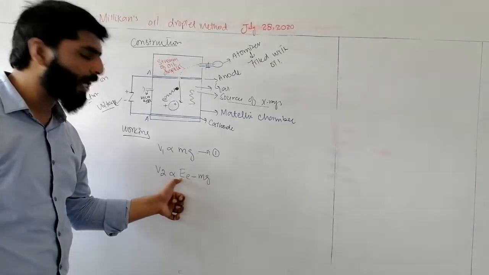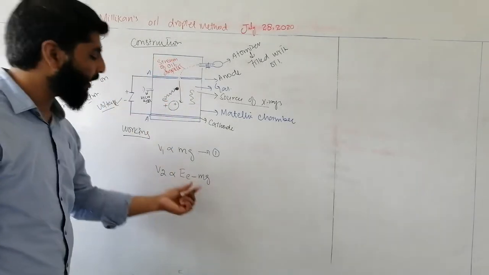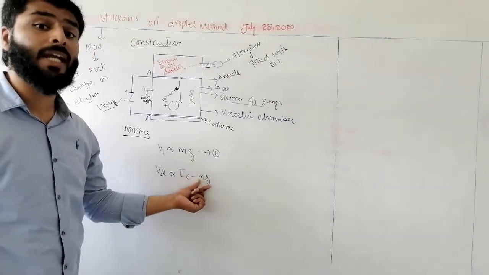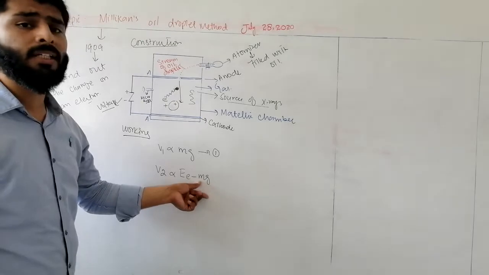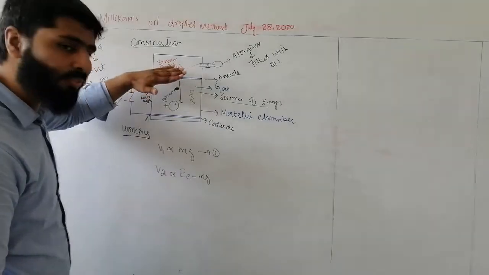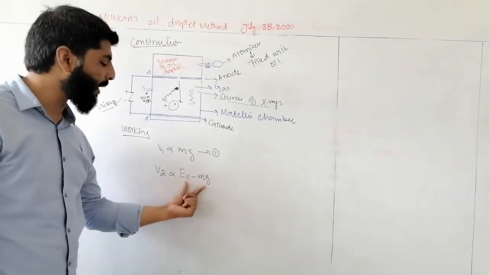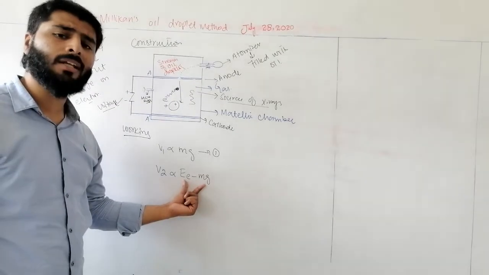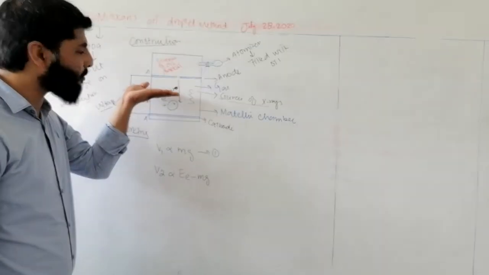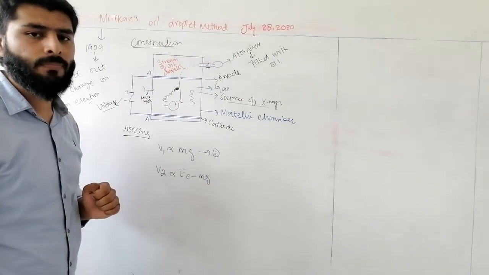If the strength of the applied electric field is greater, then the droplet will move upward. If the weight of the droplet is greater, then the droplet will fall down with velocity v2. And if the magnitudes of these two parameters are equal, then the droplet will be suspended between the space of the two electrodes.